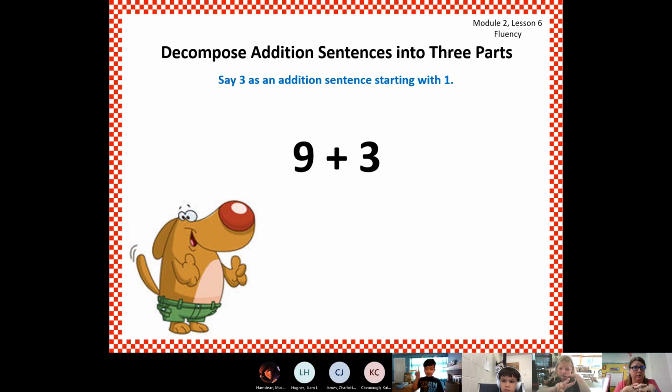Right, so now 10 plus 2 is, write it on your whiteboards. What is 2? Good.